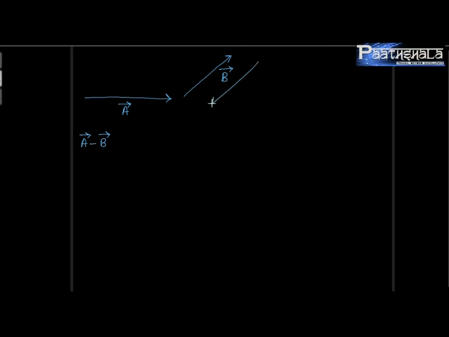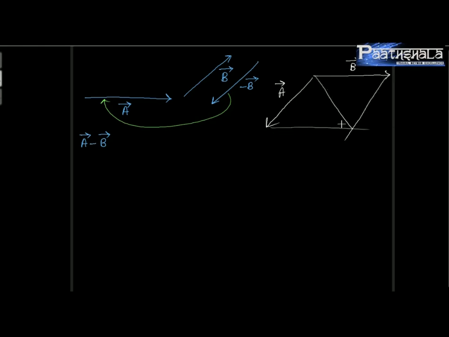So vector B inverted will look like minus B vector. And then we simply add this minus B vector with the vector A. The final diagram will look something like this. This is the vector B and this is the vector A. And then we proceed to use the regular method of completing the parallelogram and finding the resultant.